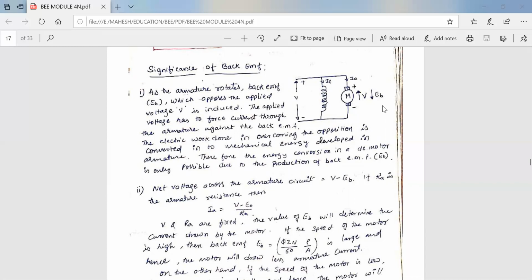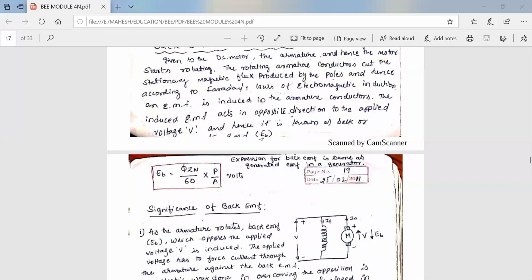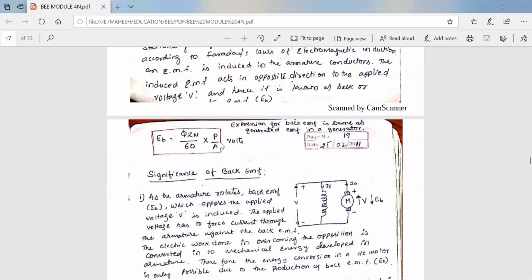Since the generated EMF is in the opposite direction to the applied voltage, it is called back EMF. The equation for back EMF remains the same as in the DC generator, that is E is given by ZΦN/60 into P/A. Similarly for back EMF, the EMF equation remains the same.